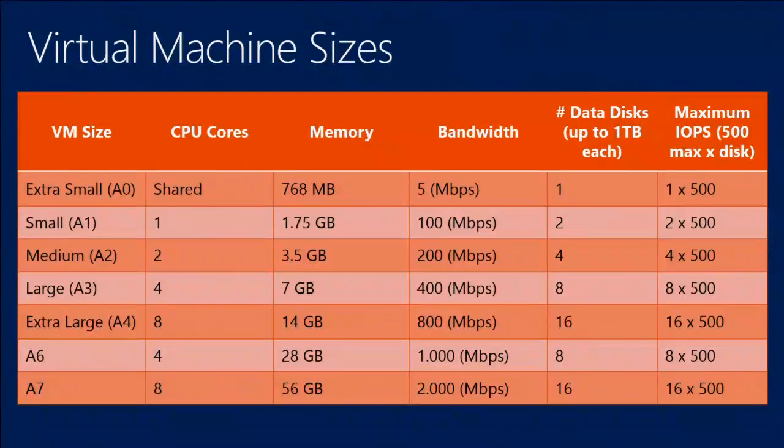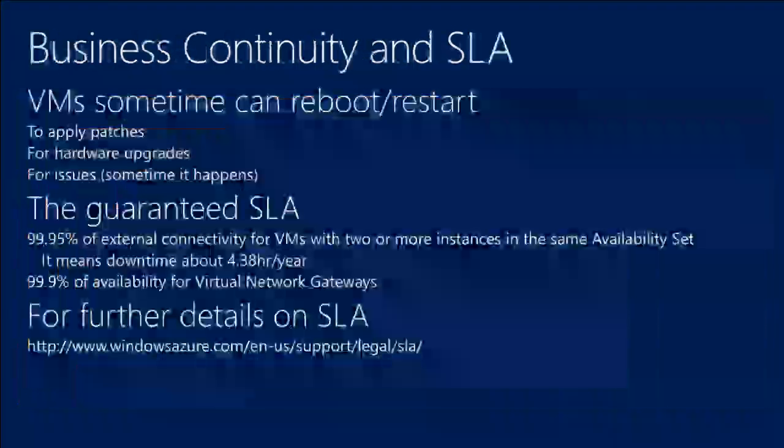So if you want to have a VM with, let's say, 4 virtual hard disks, each up to 1 terabyte in size, you can choose the A2 size with 2 cores, 3.5 gigabytes, 200 megabits of bandwidth, and 4 disks with 500 IOPS each. So across all of your 4 hard disks, you will be able to gain 2,000 IOPS, 500 for each of your hard disks.